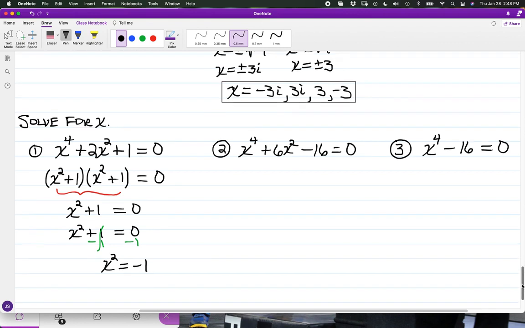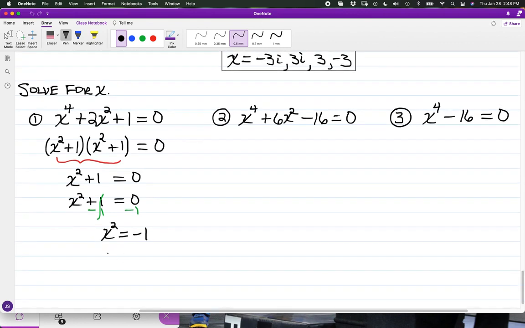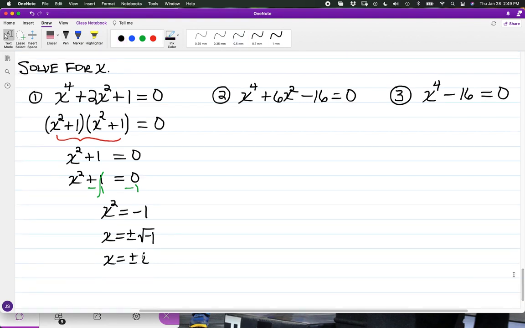And with the square root property of equality, we have that x is equal to plus or minus the square root of negative 1. And so we're going to have x is equal to plus or minus i. Okay, and so instead of having 4 solutions, I have only 2 solutions, and both of these are in the complex domain, with positive and negative i.